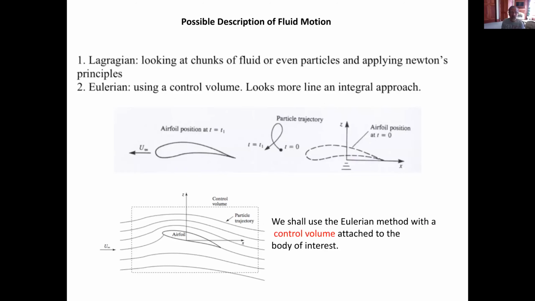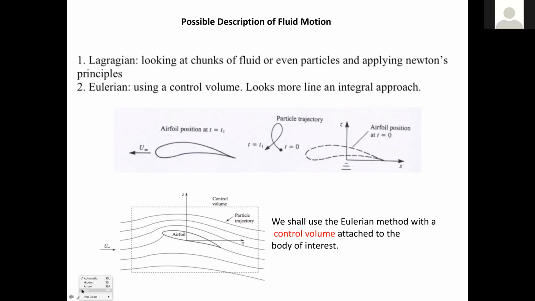Then some of the issues now: which coordinate system to use, or how to specify the equations. These were heavily discussed 100 years ago. The logical approach would be the Lagrangian, where you try to look at a chunk of fluid. Can you see my cursor right here, or should I use the pencil?